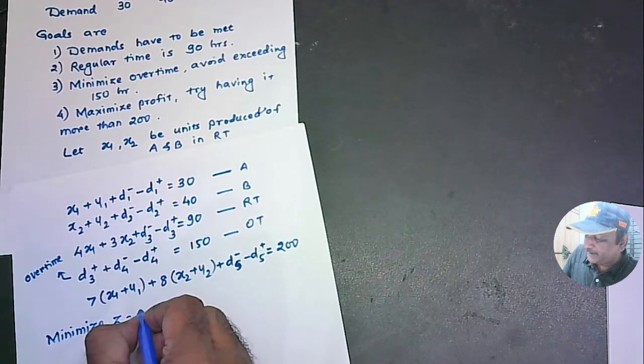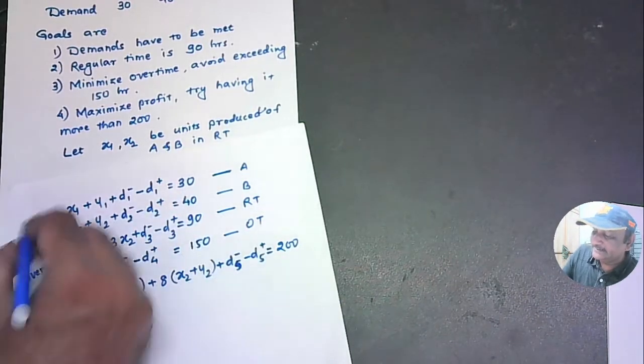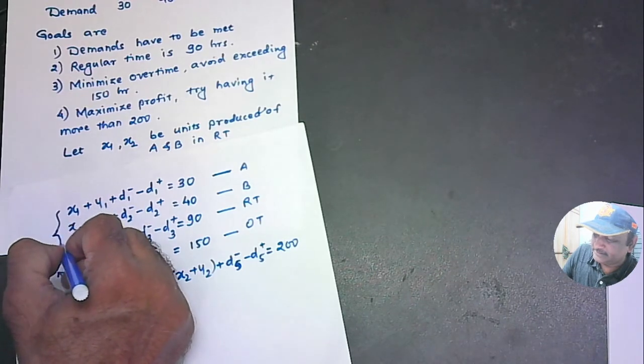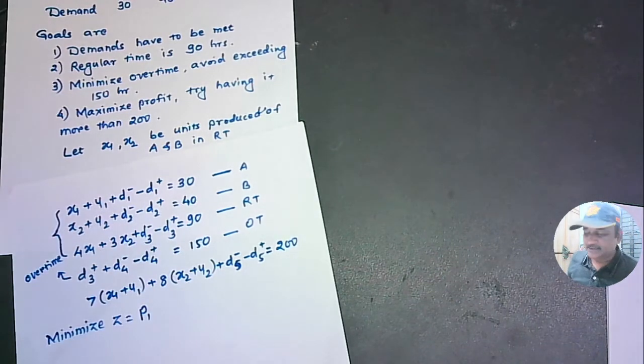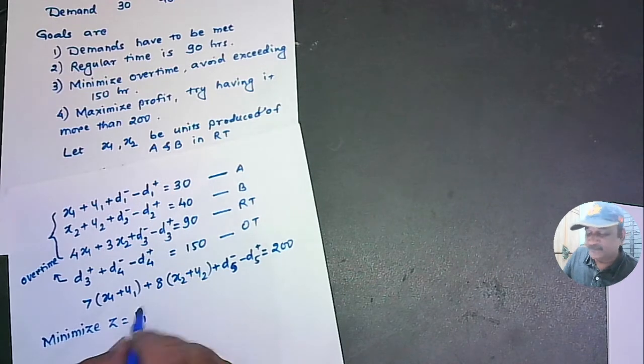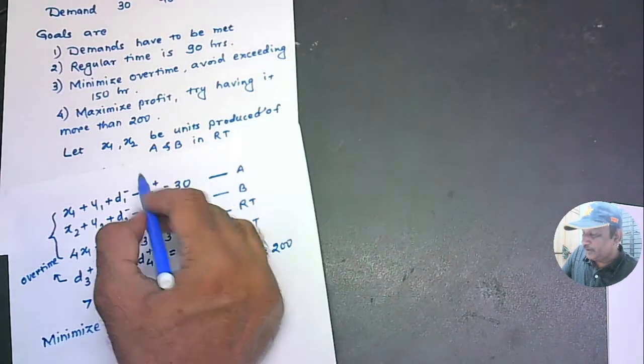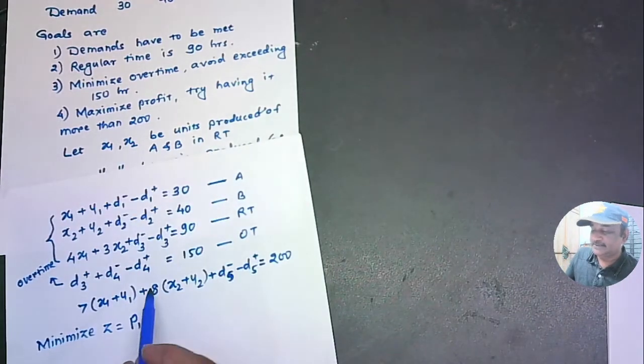Now, first priority: these three are the essential, rigid constraints, so they must be placed at first priority, P1. So what among these two is to be minimized?